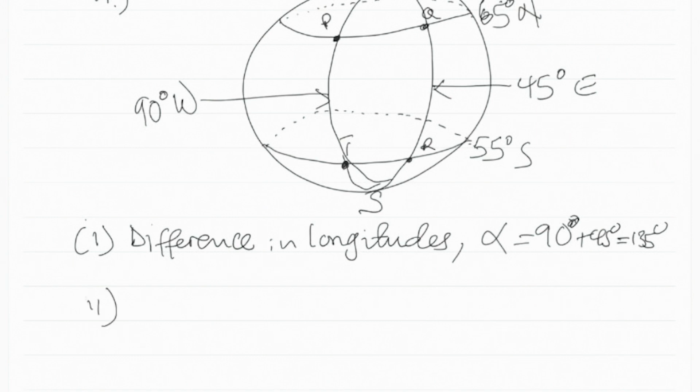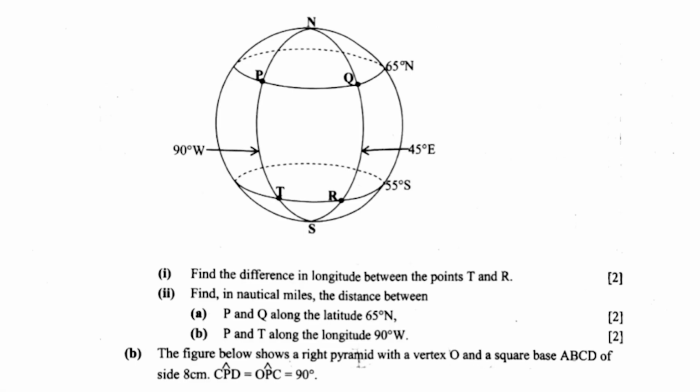We move on to part 2. Part 2 states, find in nautical miles the distance between, now we're answering part 2A, P and Q along the latitude 65 degrees north. So we have been asked to find the distance in nautical miles, P and Q along the latitude 65 degrees north.